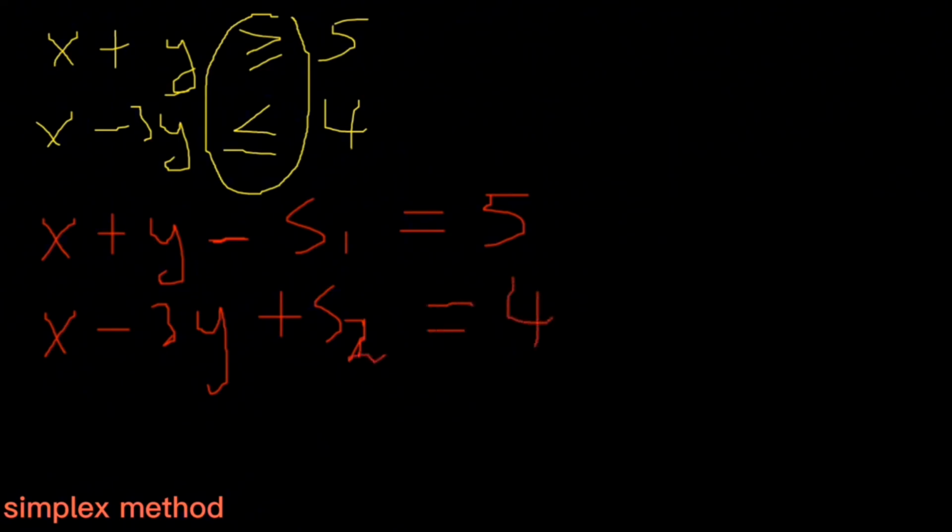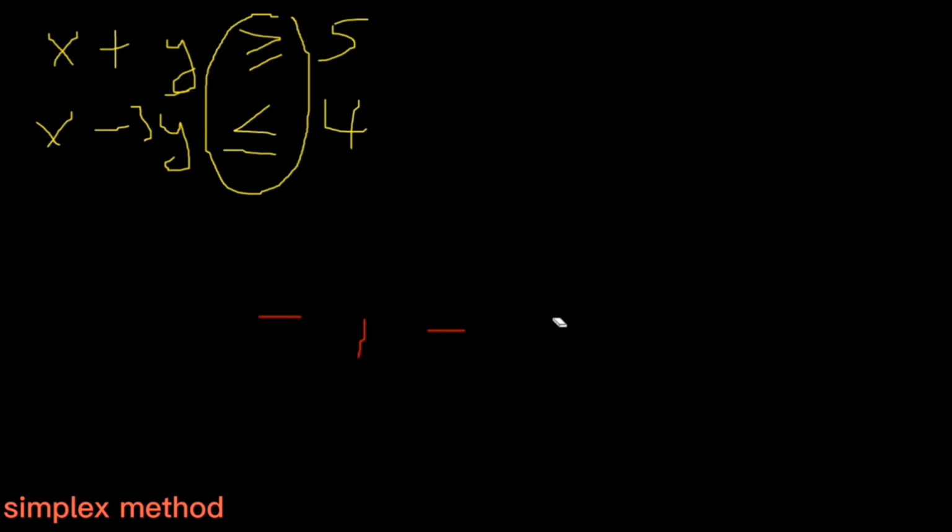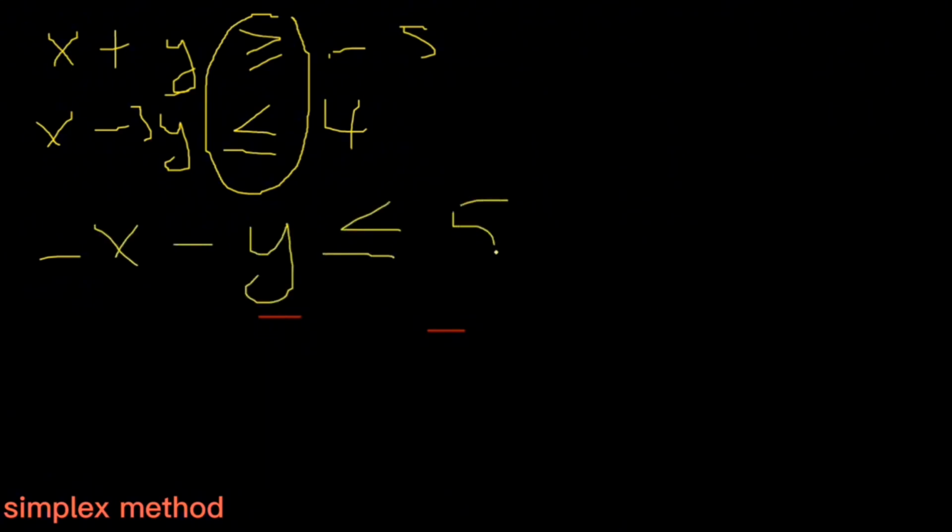But in the case where you had negative 5 here, you're just going to multiply everywhere by negative. That is negative x minus y less than or equals to 5. Okay, that is what you are going to have.